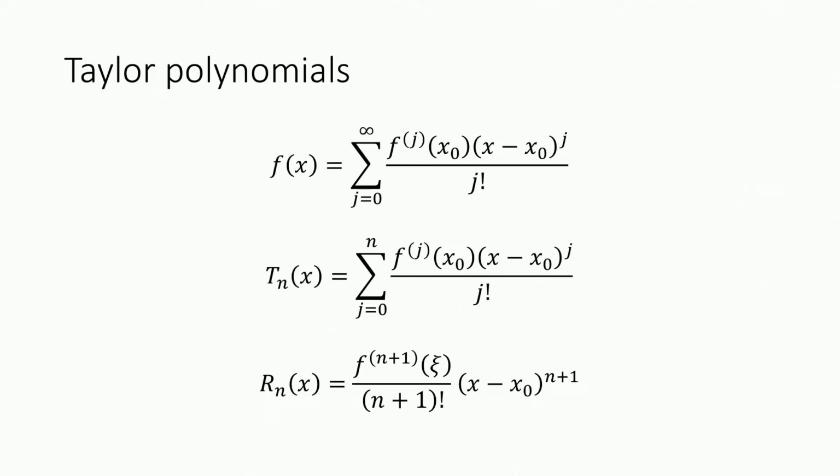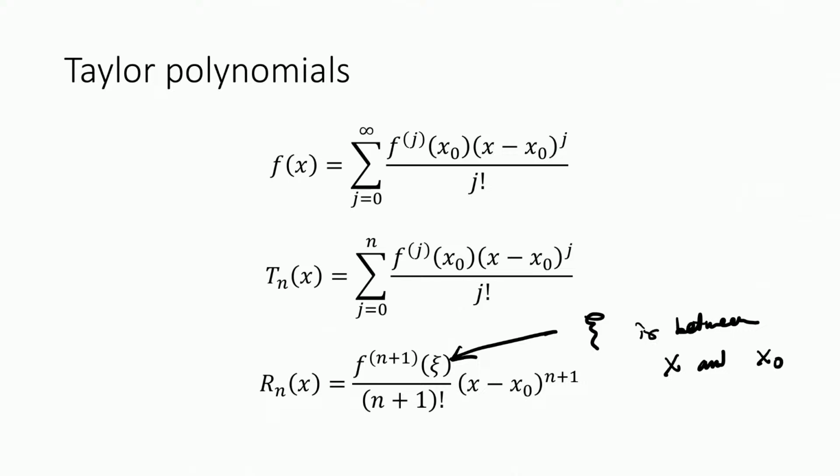Now that Xi, that little tornado, is going to be a number that is between x and x0, or in our text, between x and a, whatever your center is.